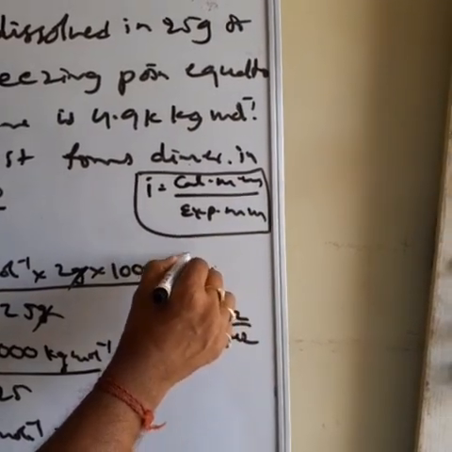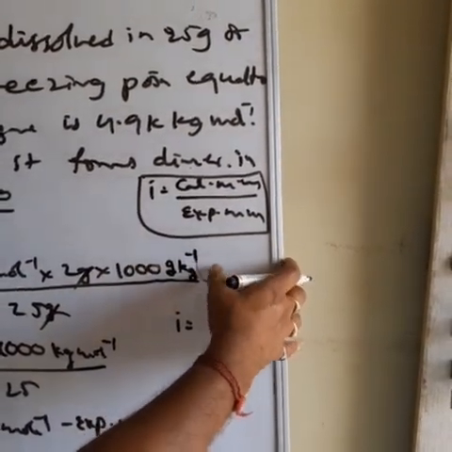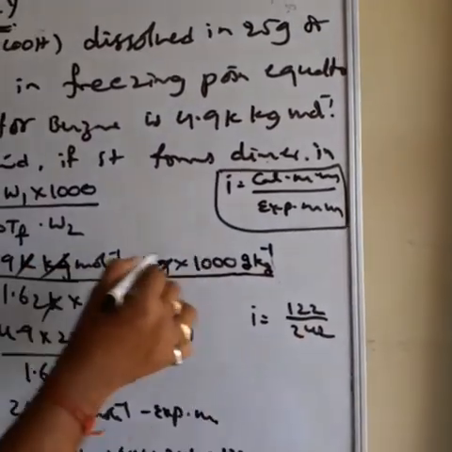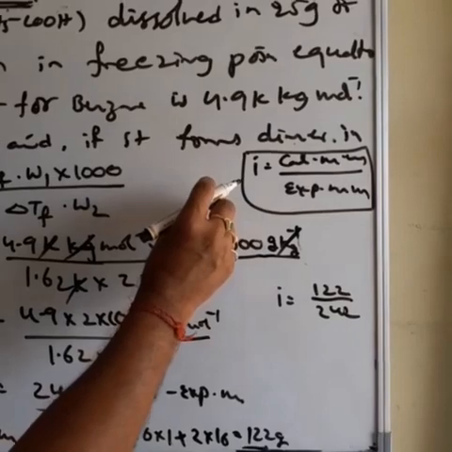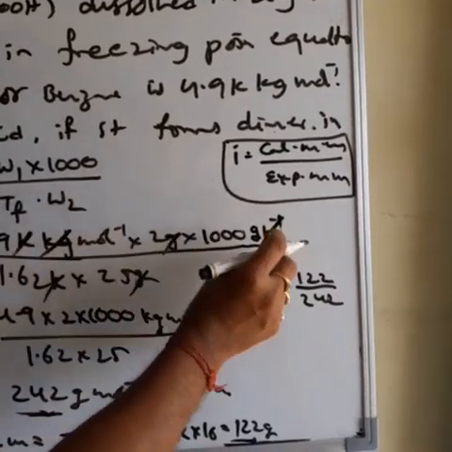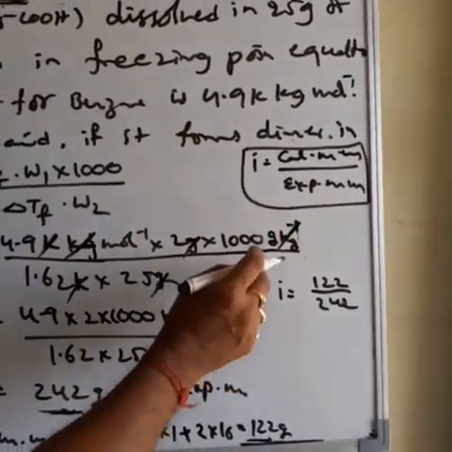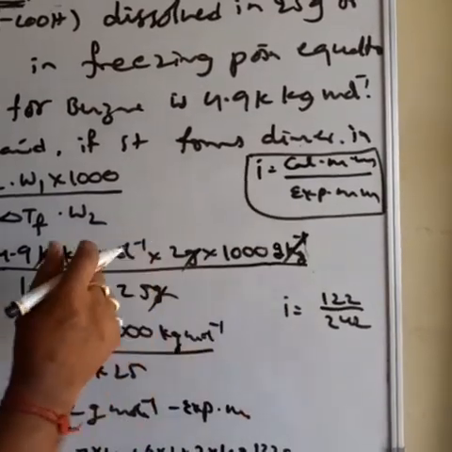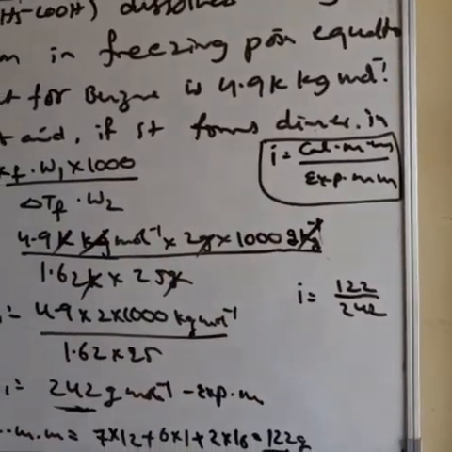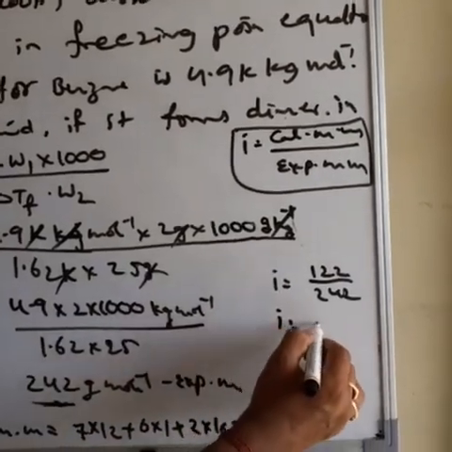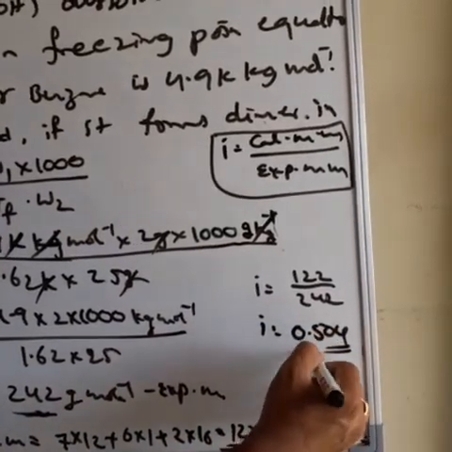Gram kilogram inverse means the kilogram inverse cancels with the weight of solvent. So it is the amount of this substance in grams present in kilograms of the solvent. That's why, with kilogram cancelled, we get gram mole inverse. Then the I value is equal to 0.504.